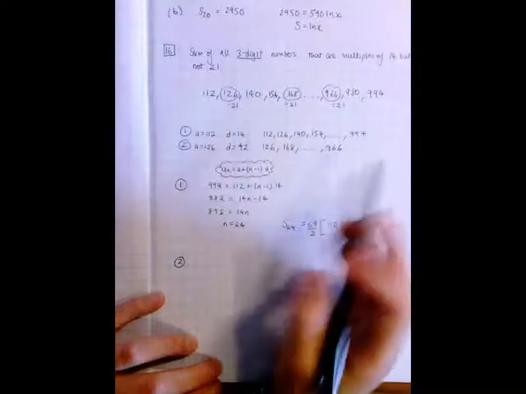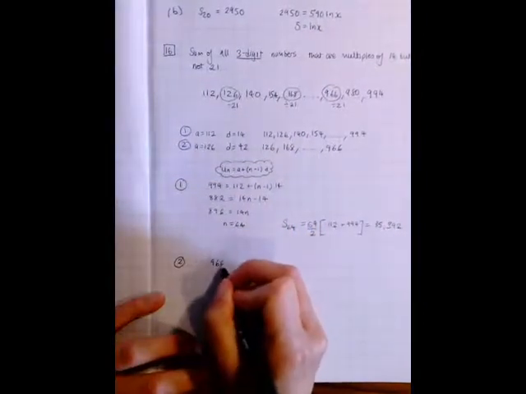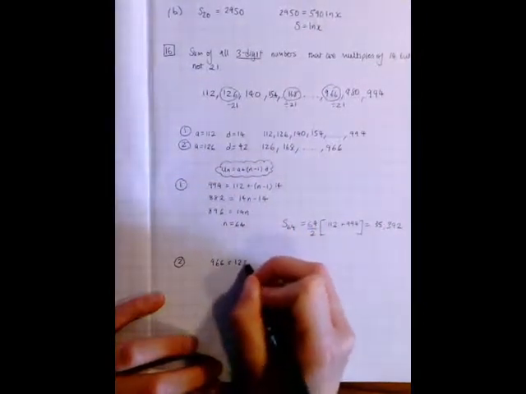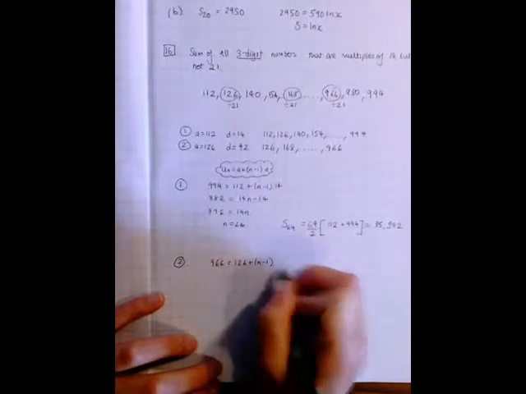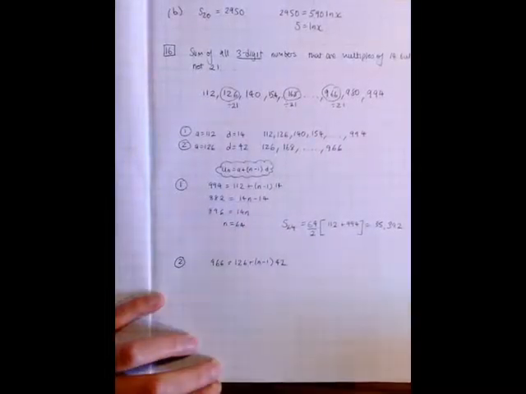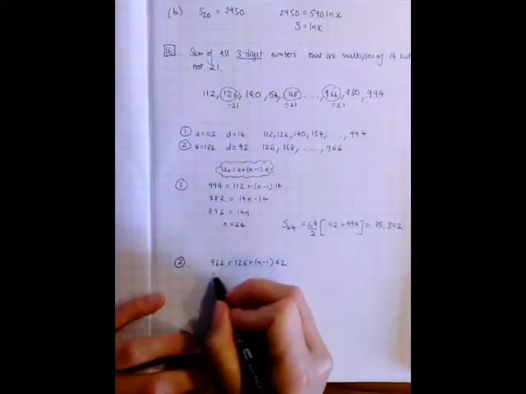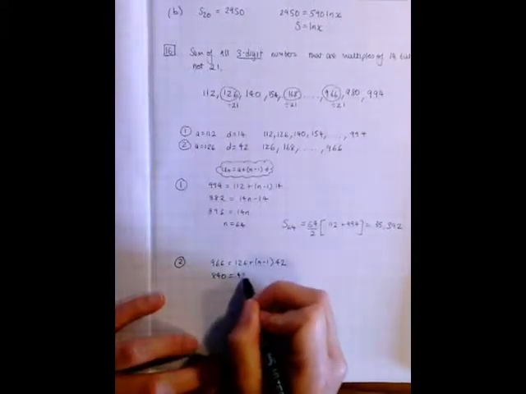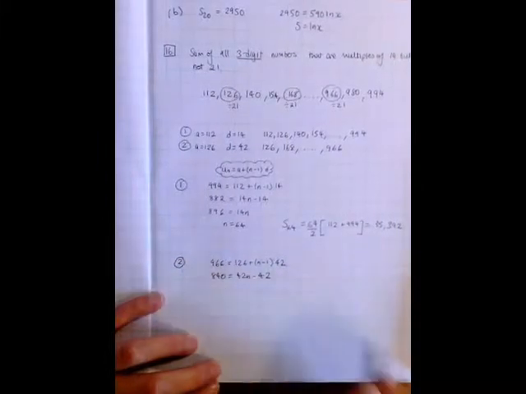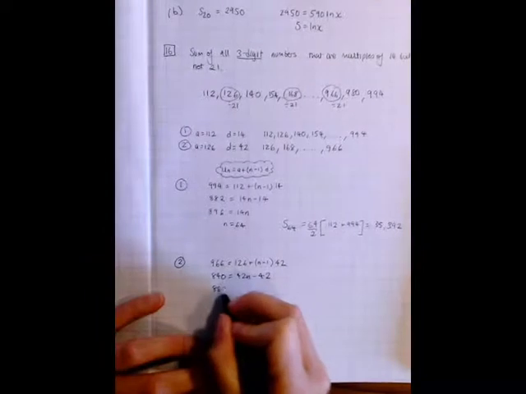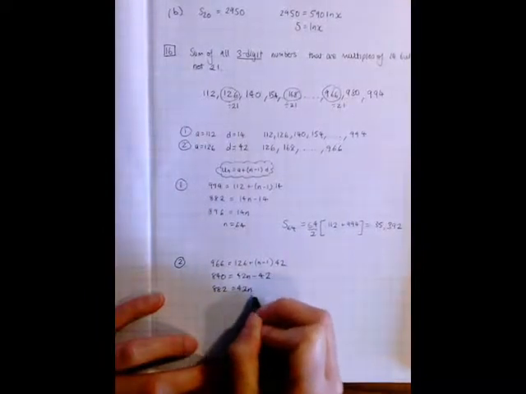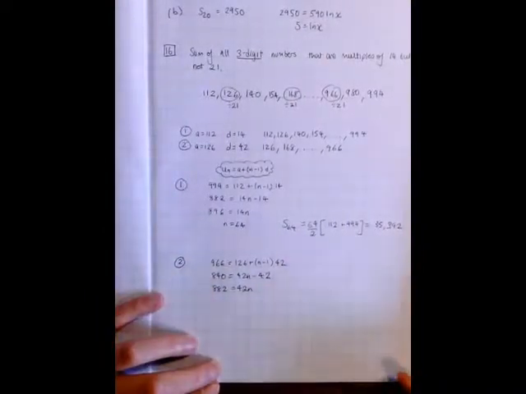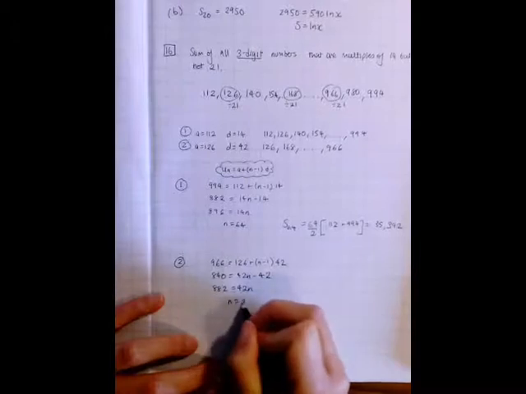So last term was 966, and the first one's 126. Common difference is 42. We get 840 equals 42n, take away 42. So you keep solving, add 42. We get n is 21.